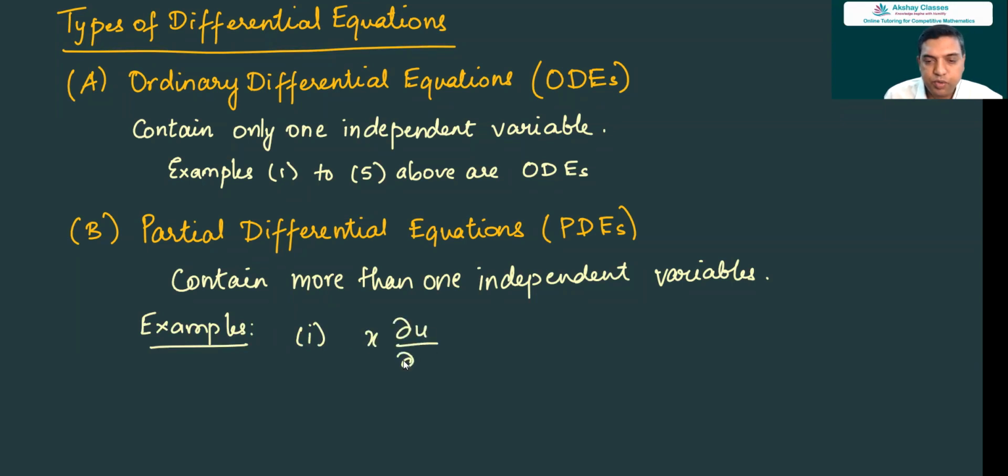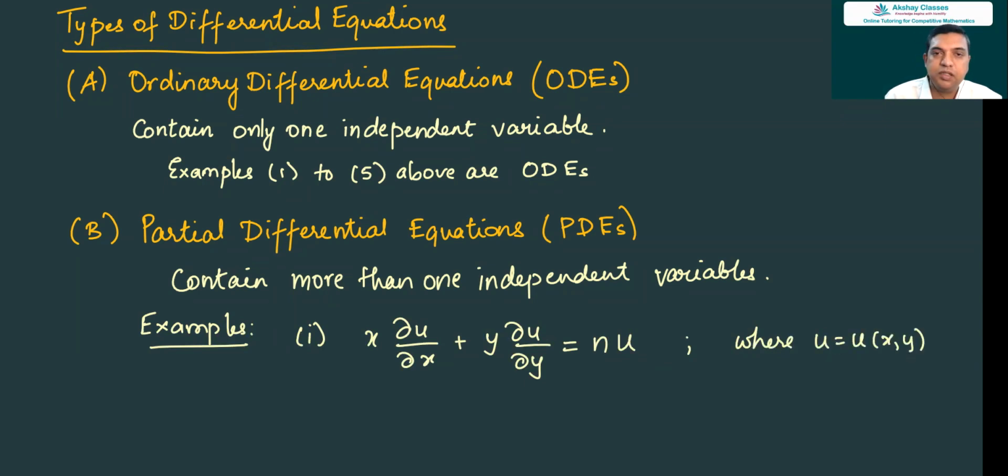x dou u by dou x plus y dou u by dou y is n times u, where u is a function of x and y. So we have partial derivative with respect to x, partial derivative with respect to y.